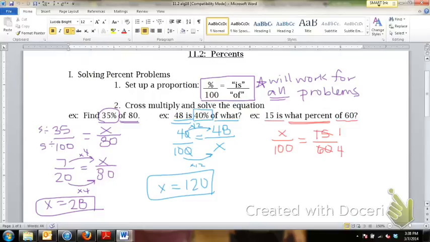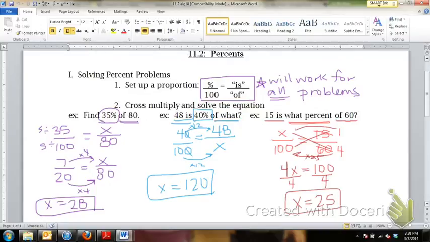Now I'm not going to do my cheat method here. I will cross multiply. So now I'm going to do 4 times x equals 1 times 100, which is 100. Now I divide, and I get x equals 25. Which, yes, I could have gotten because 4 times 25 is 100, so 1 times 25 is 25, which I got anyway as the answer.